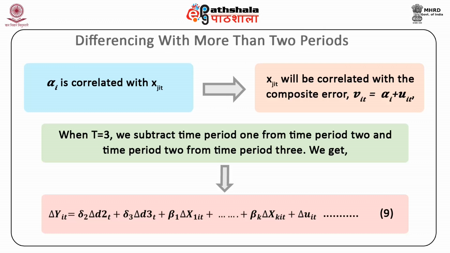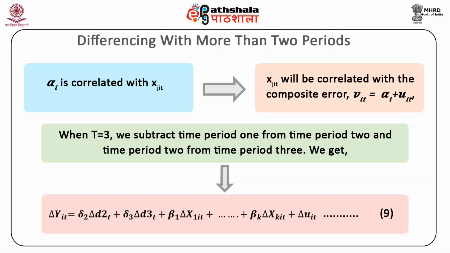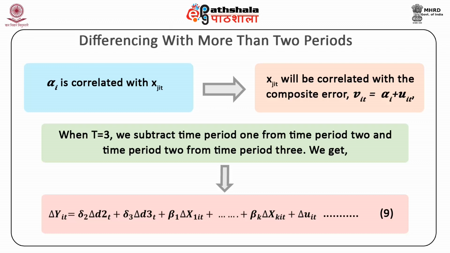Note that we do not have a difference equation for t equal to 1 because there is nothing to subtract from equation for t equal to 1. Equation 9 represents two time periods for each individual in the sample.